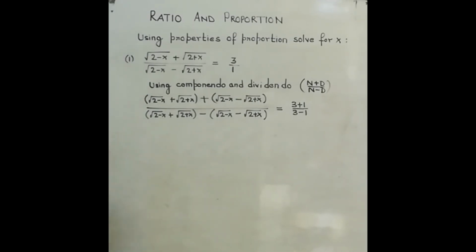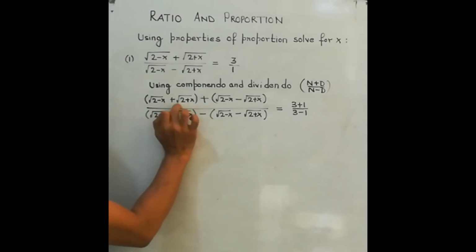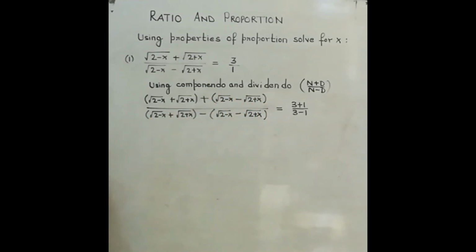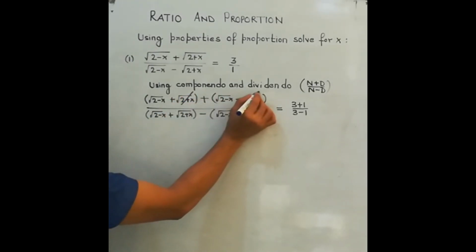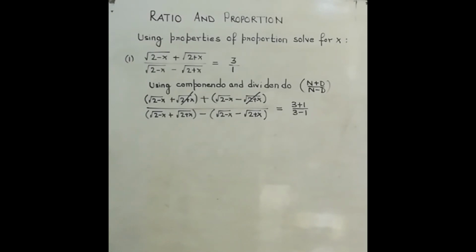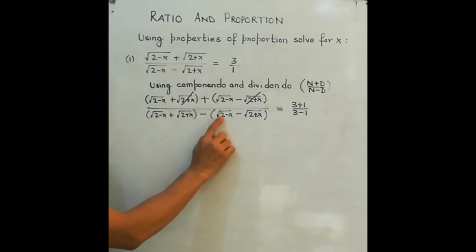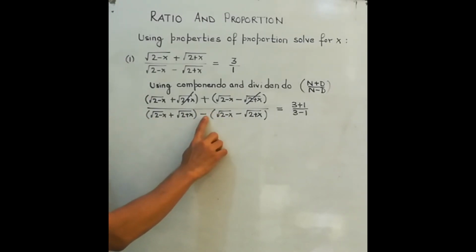Now when I open the bracket, from this bracket I am getting root 2 plus x, this is positive. From this bracket I will get root 2 plus x as negative. So on opening the bracket these two terms will cancel out. Similarly in the denominator place, when I open the bracket, from this bracket I get root 2 minus x positive, and from this bracket I get root 2 minus x negative.